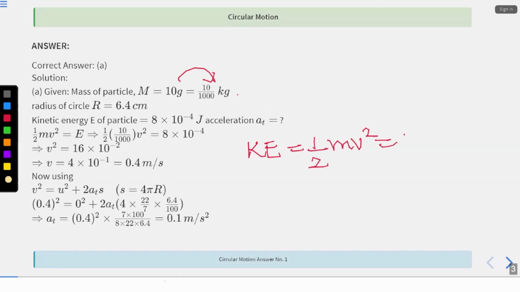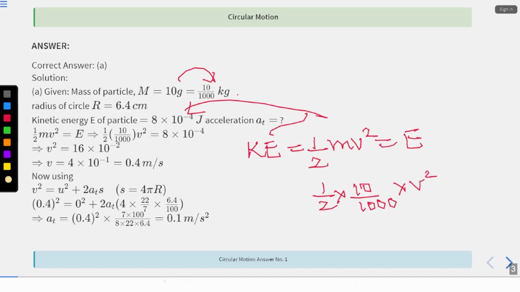And that is equal to E. And similarly, we have been given that it is 8 into 10 to the power of minus 4 joule, right? So from here, I can calculate it, right? Cross multiply it. We have the mass, that is 10 by 1000 into V square is equal to 8 into 10 to the power minus 4.